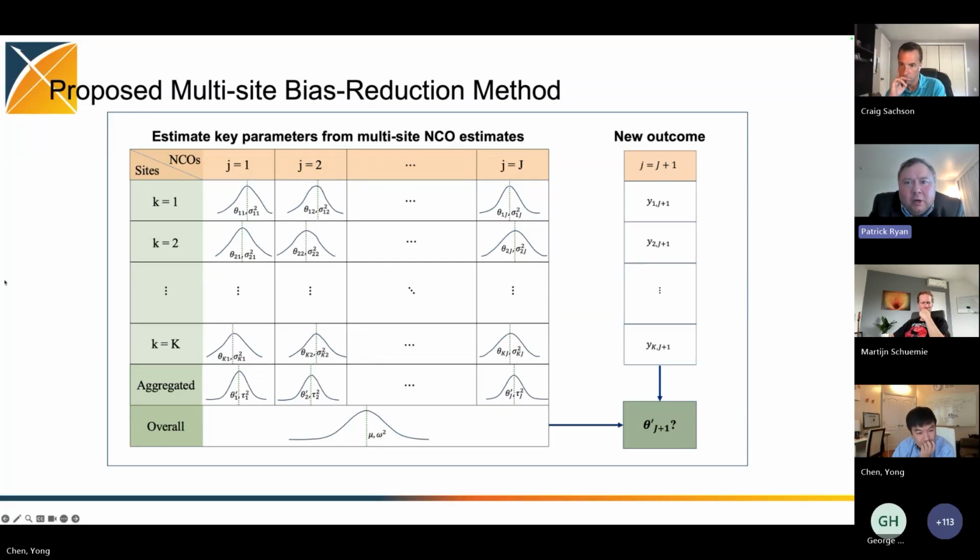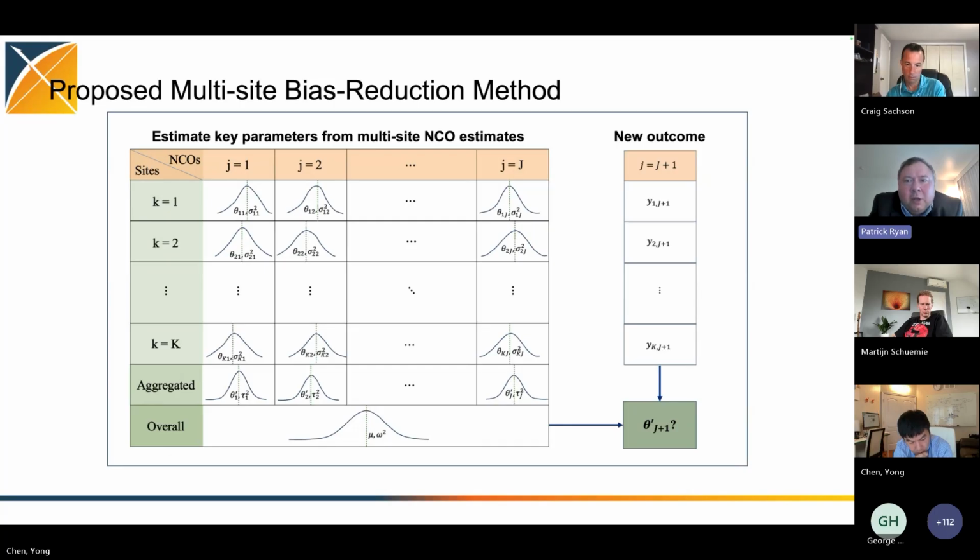And they don't report any sort of notion of whether there was heterogeneity.